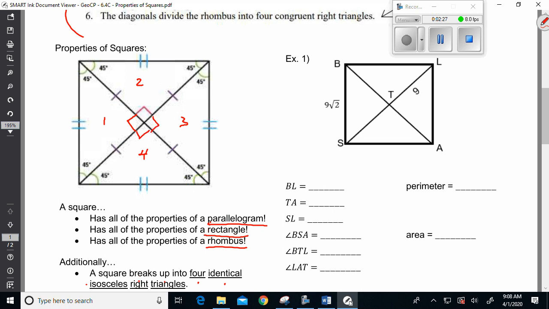All of them are 45, 45, 90-degree triangles. All 4 of them. They're all identical to each other, too. So if you find one, you find them all. Simple as that.